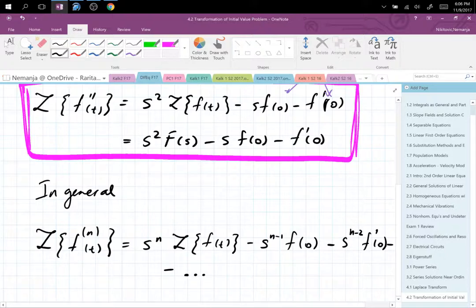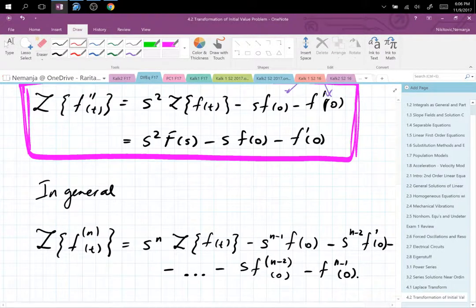So I'm going to cut it here and go minus s times f to the n minus 2 computed at 0 and minus f to the n minus 1 of 0.